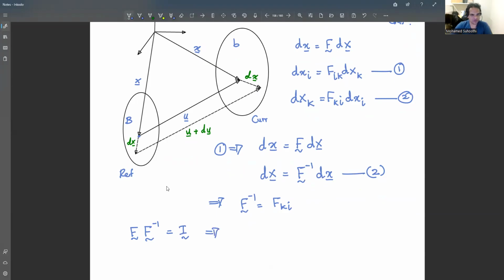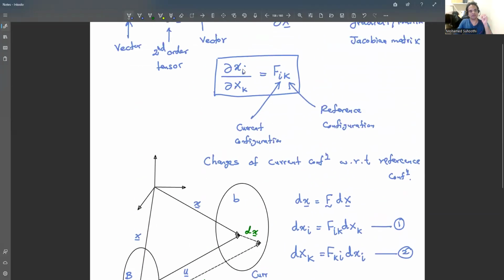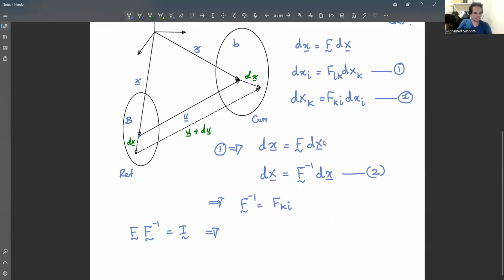What is your F? F we discussed already. This is your F_iK, right? That means F is the partial derivative of the current configuration i with respect to the reference configuration K. So what is F_Ki?